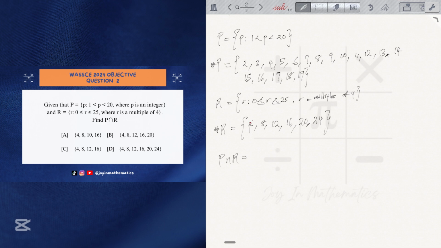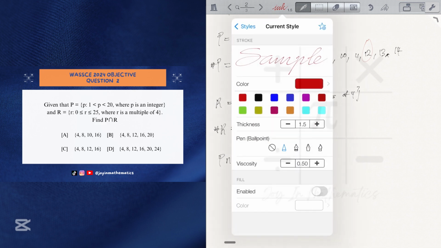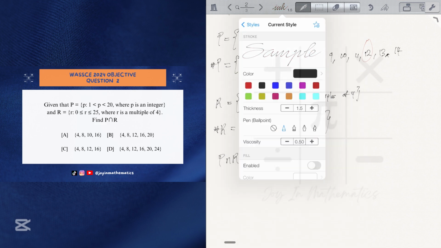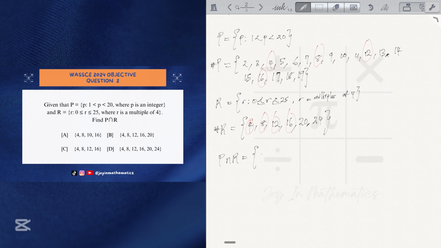We have 4 common to the two, 8 common to the two, likewise 12 and 16 are common, but thereafter we don't have 20. Anything else is not common. So P intersection R is equal to the common terms: 4, 8, 12, and 16. And this gives us option C.